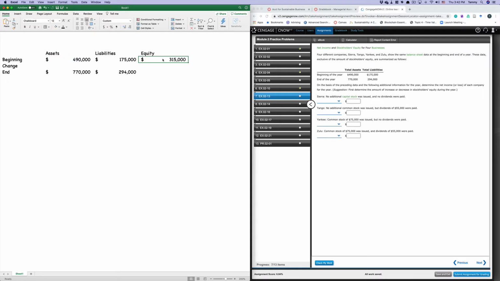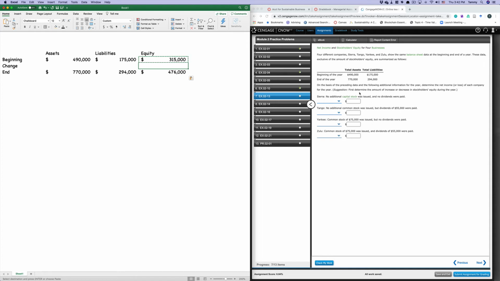And I can copy this equation. Okay, so we know what the equity was. And so therefore, right, we know what the difference in equity was. Okay, so that's the key to this.